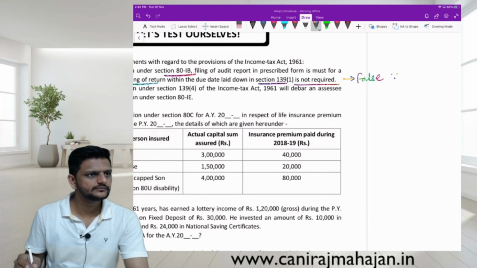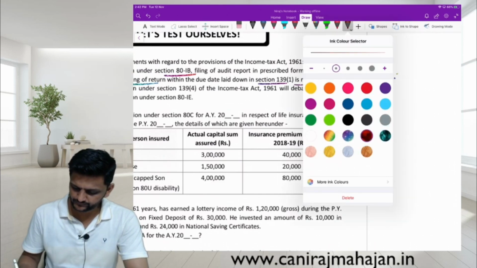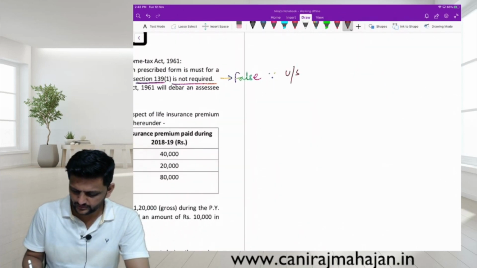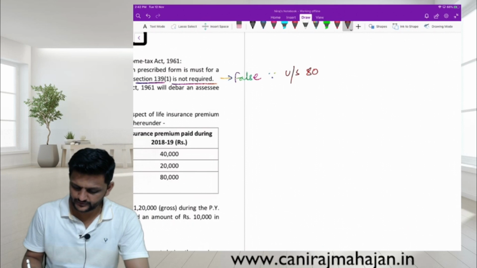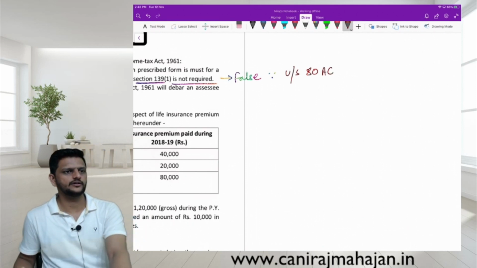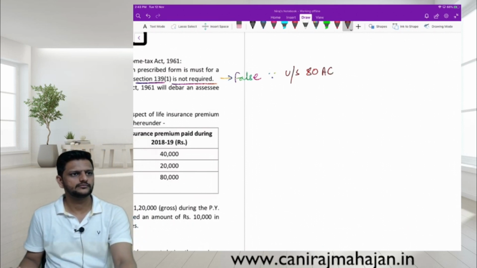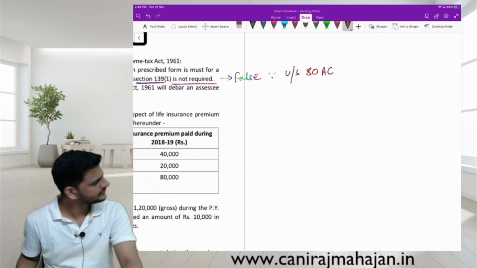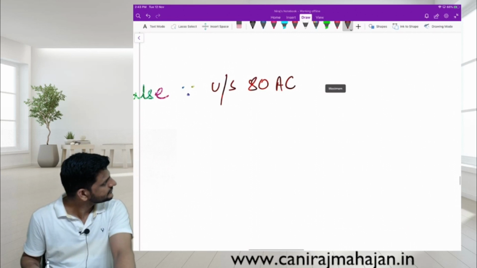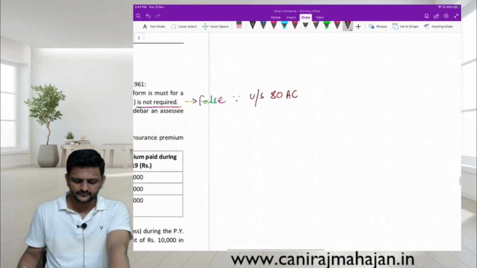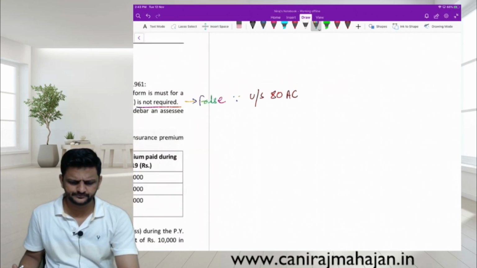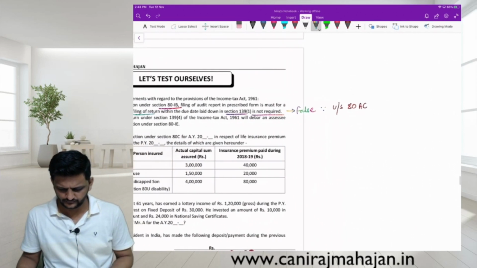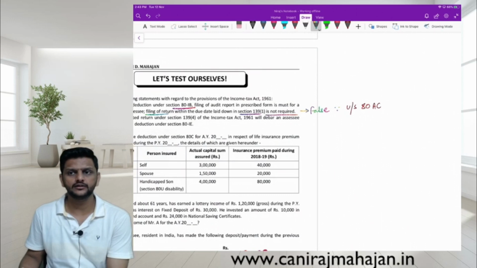Which section? 80AC. So 139(1) is obviously required.